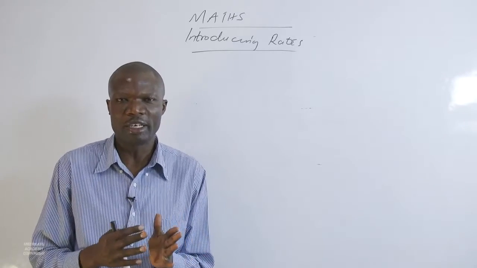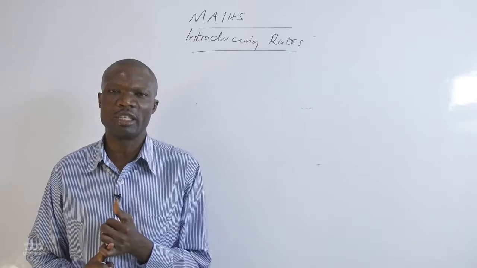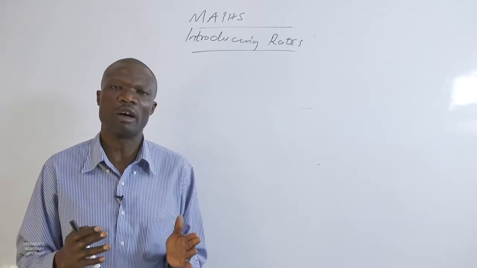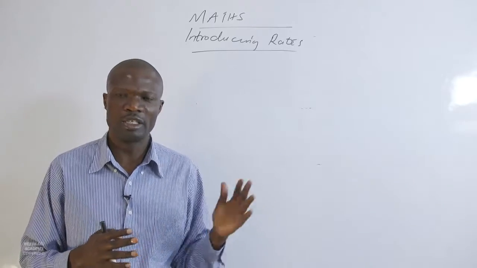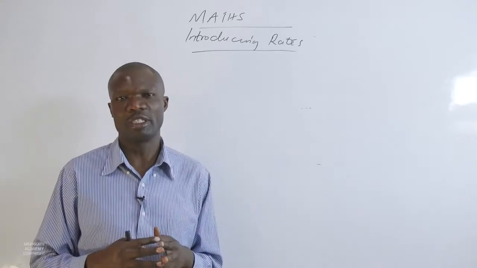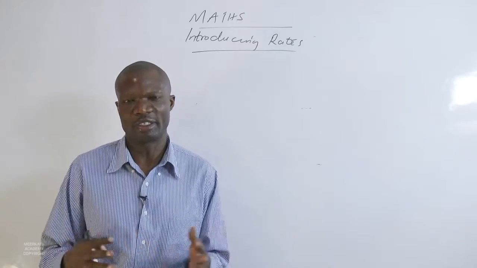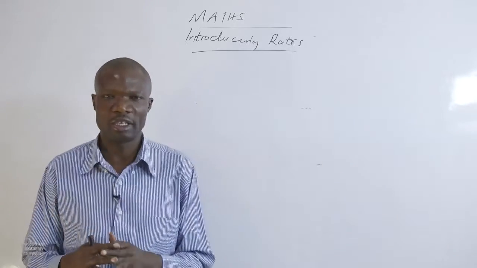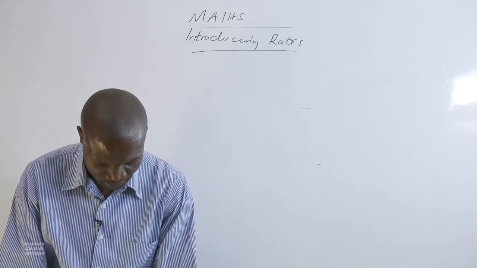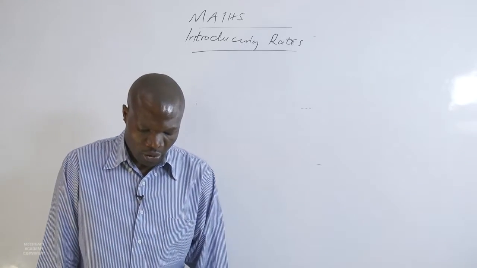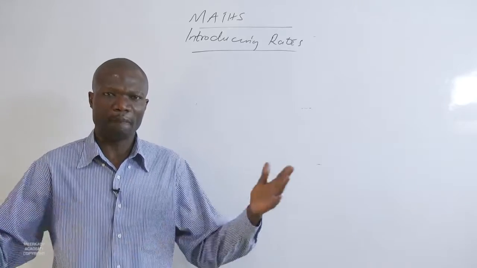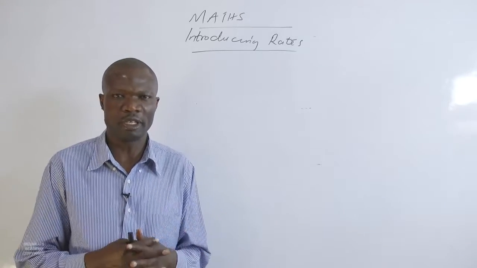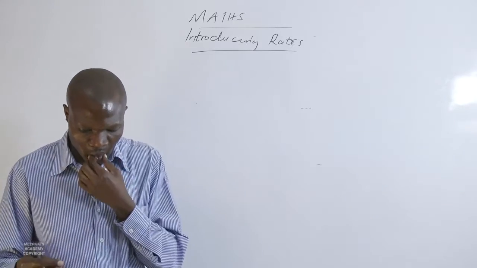The moment you talk like that, you are looking at the consumption in liters and the distance in kilometers. That is already a situation where we have two units: distance in kilometers and capacity in liters. So we shall be comparing two units when we look at rates. We have so many situations where we can compare rates, and we shall look at them as time goes.